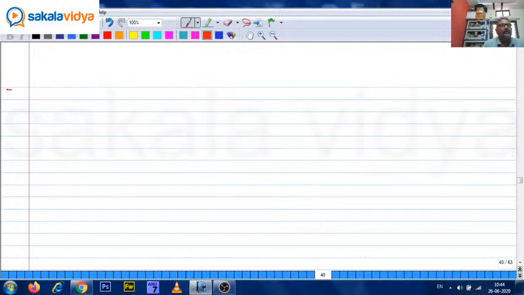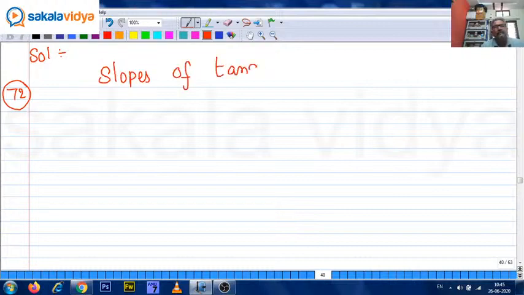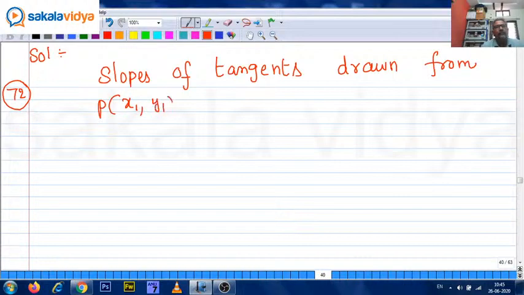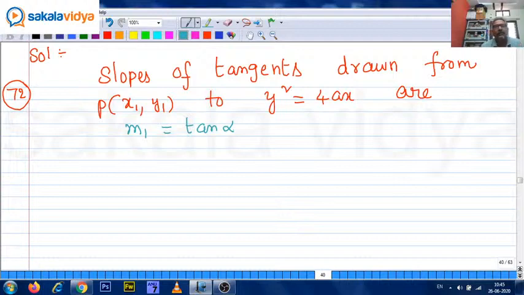Now the 72 solution. Slopes of tangents drawn from P(x1, y1) to y square equals 4ax are m1 equals tan alpha, because the angle made by the tangent with the x-axis is alpha, and m2 is equal to tan beta.